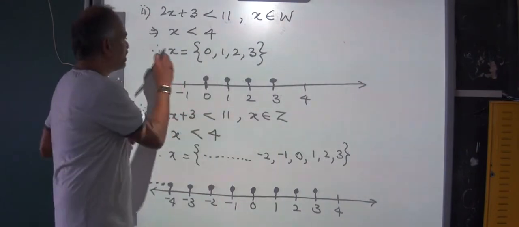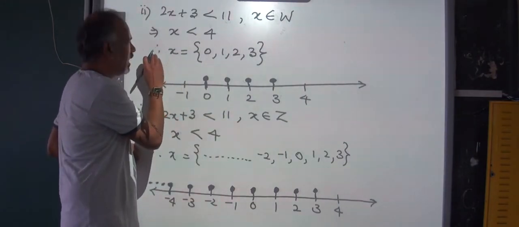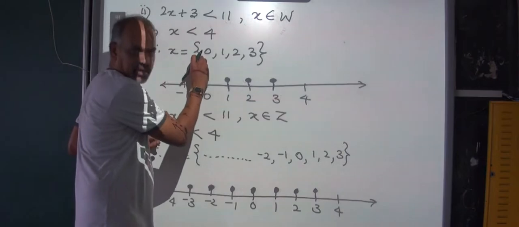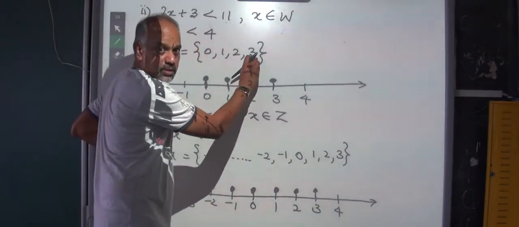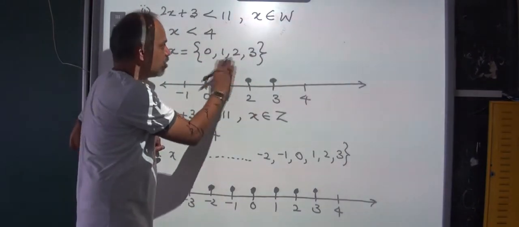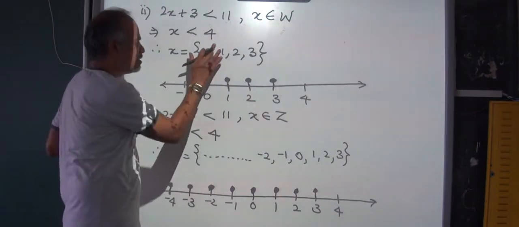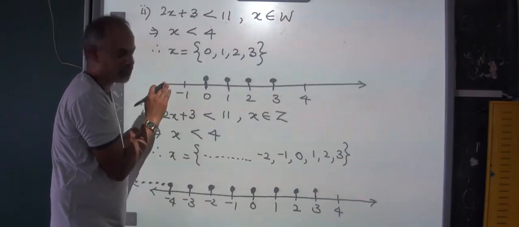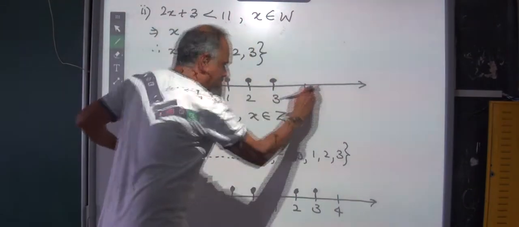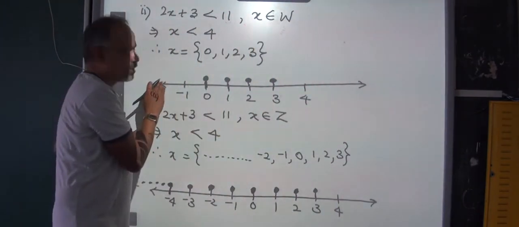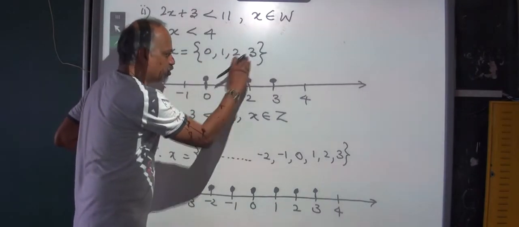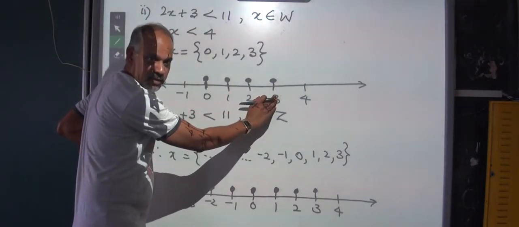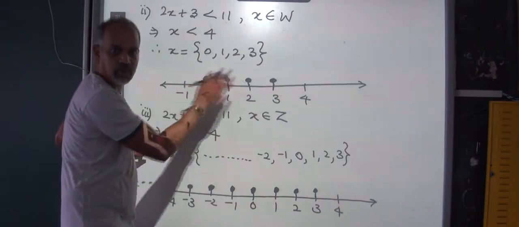So I have written the solution set as x is equal to, as a set, {0, 1, 2, 3} are the values of x. Now the same solution can also be represented on a number line. Draw the number line with arrows on both sides, and these values should be there on your number line. You can put one extra value on both sides.